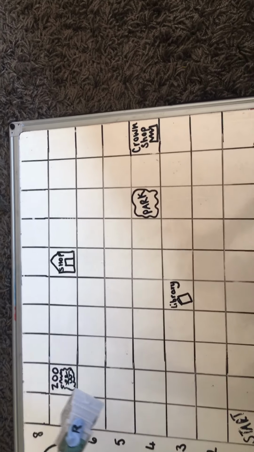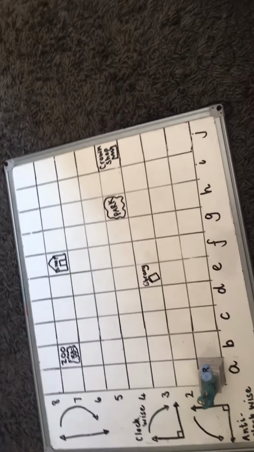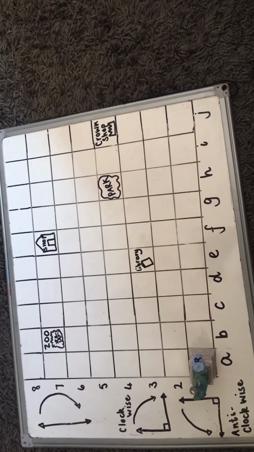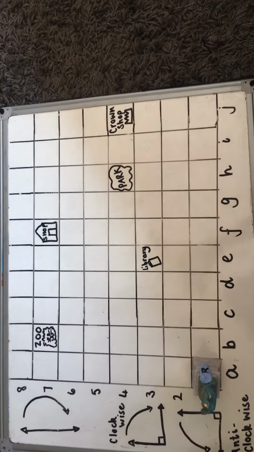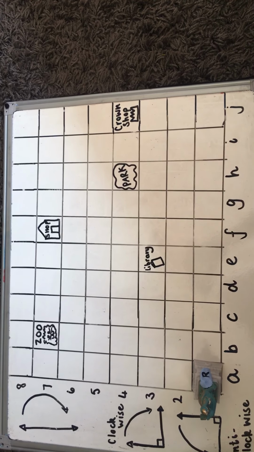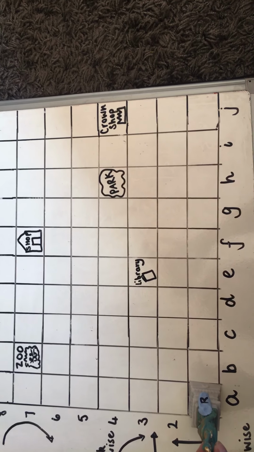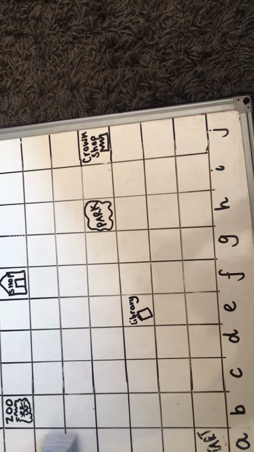Okay, let's start her off again. Now this time she wants to go to the shop, which is up here. Okay, so I'm going to start her off by saying, okay, I want you to go forward for 5. 1, 2, 3, 4, 5.